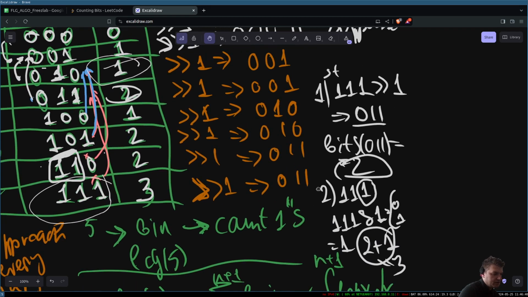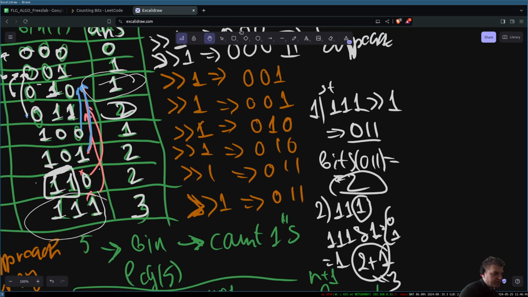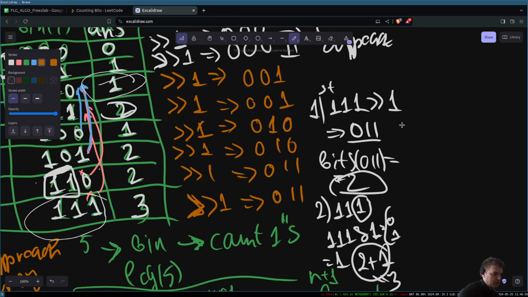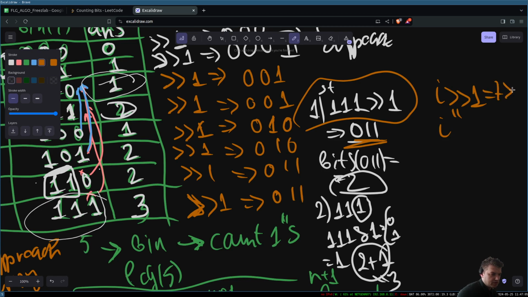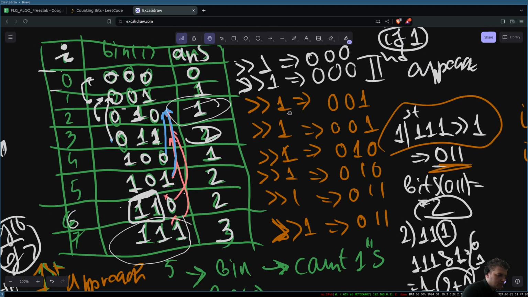Basically I explained it here. So for 111, as an example, I shift I by 1 and I get this I. So 7 shifted by 1 is going to be 3, and the number of bits for 3 is going to be 2.